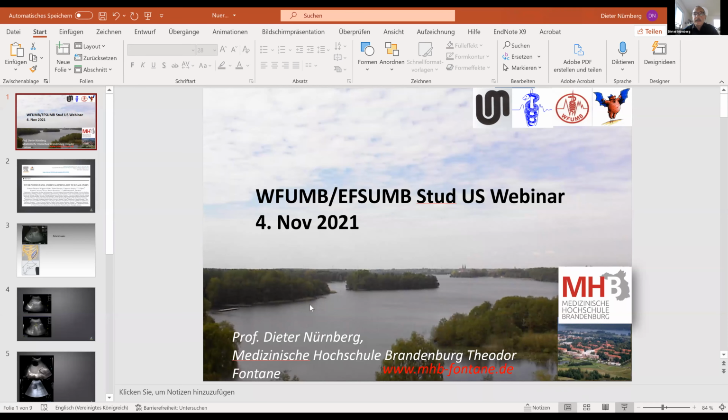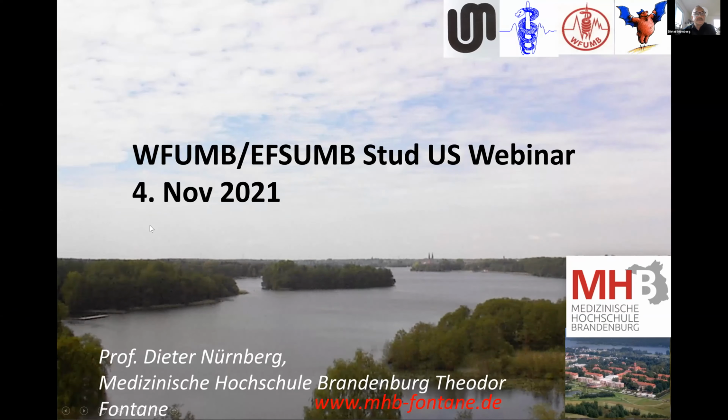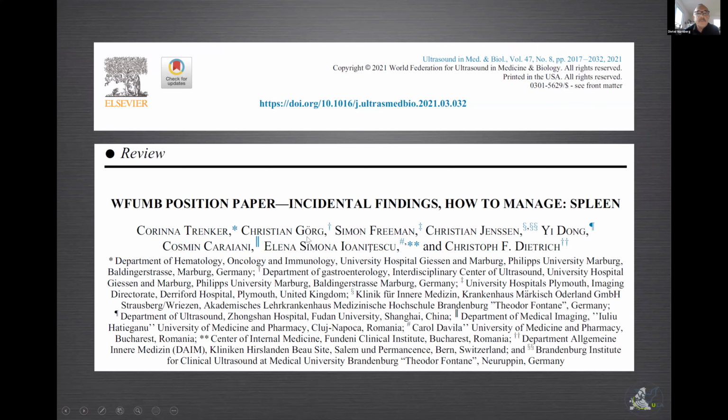It was a paper where also Corinna Trenker and Christian Görg, you heard about them, were involved. Christian Jansen also, and Elena Simona Ionescu, and it was published by Christoph Dietrich.